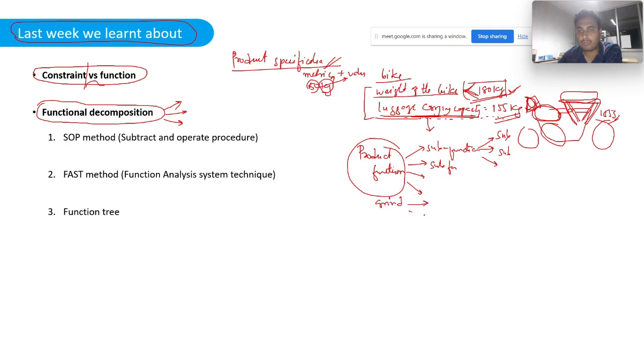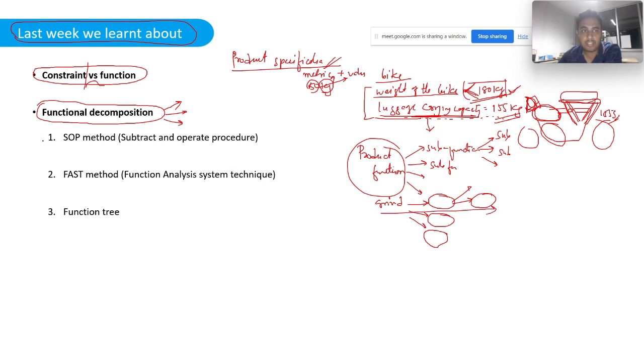But when you move to sub functions, it will come like rotating blades, then storing masala, then easy to clean. So these rotating blades can be an electrical motor. Like that we break down the higher level functions into smaller level functions.